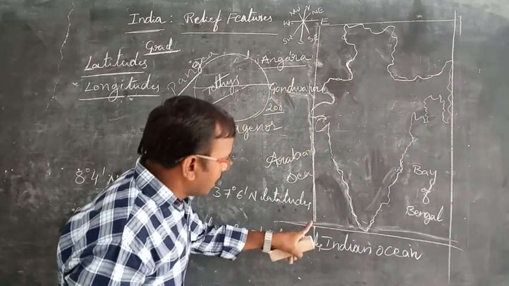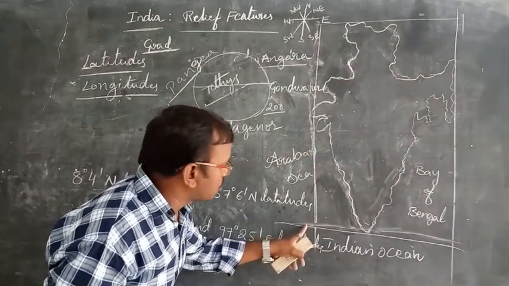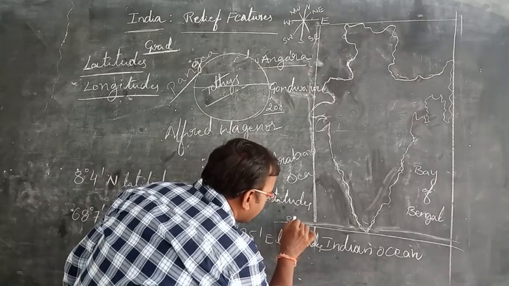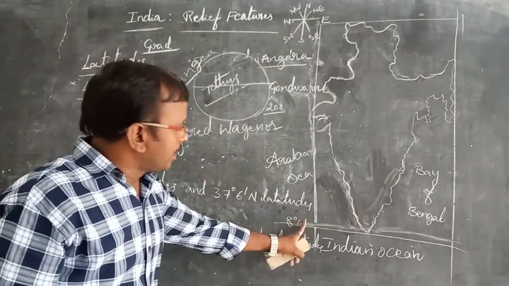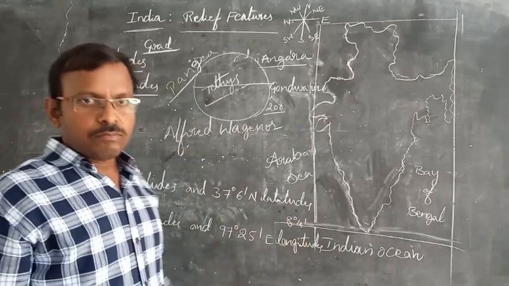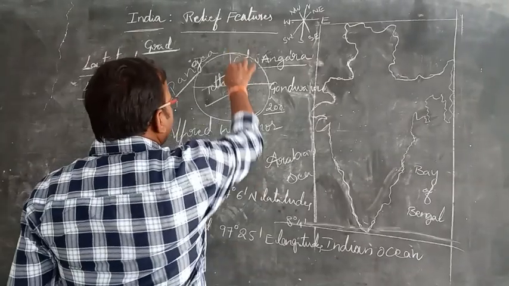Here India starts from this latitude. Which latitude is this? 8 degrees 4 minutes north latitude from the equator.